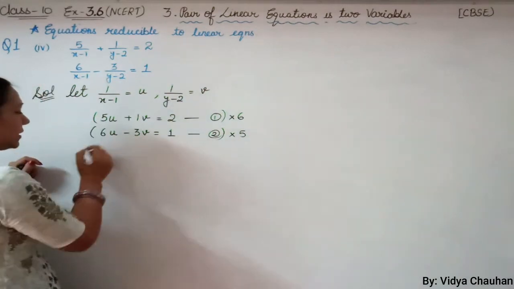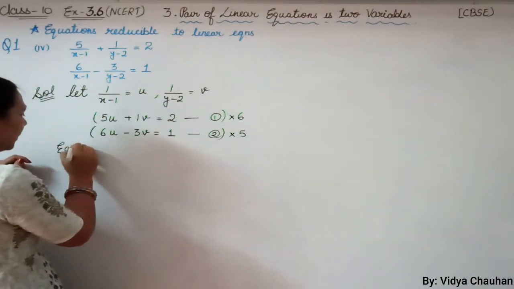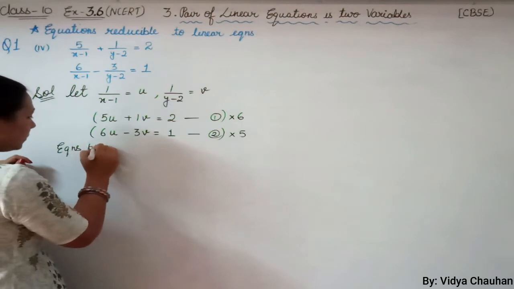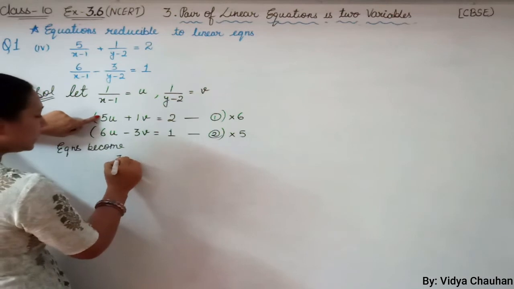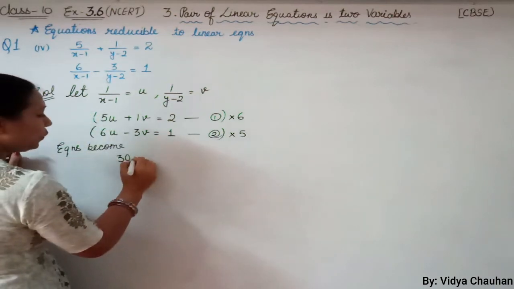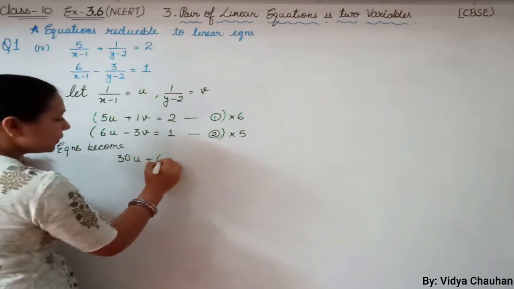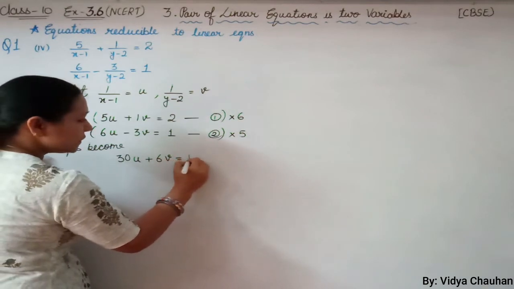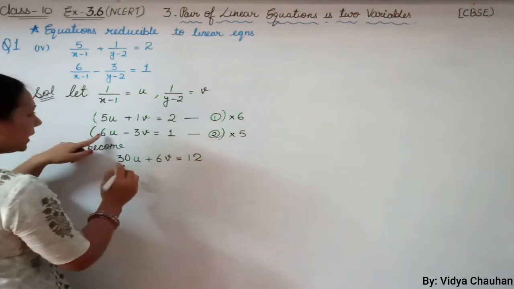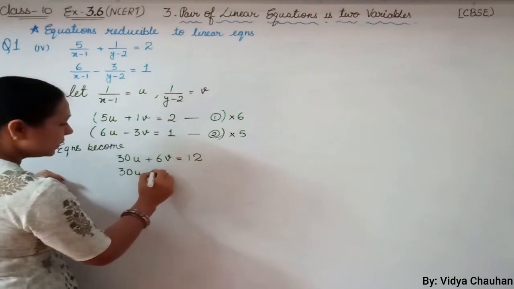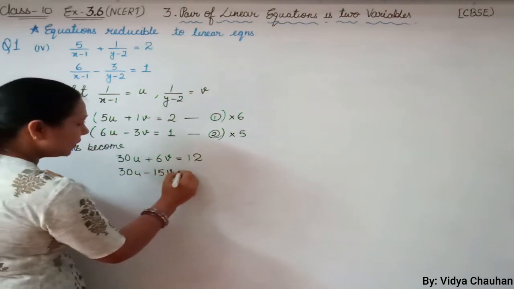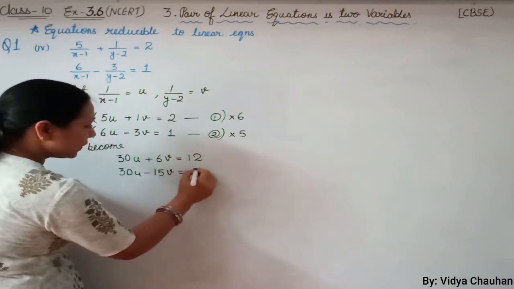So the new equations will be 6 5s are 30u plus 6 1s are 6v equals 6 2s are 12. Second equation, 30u minus 3 5s are 15v equals 5 1s are 5.